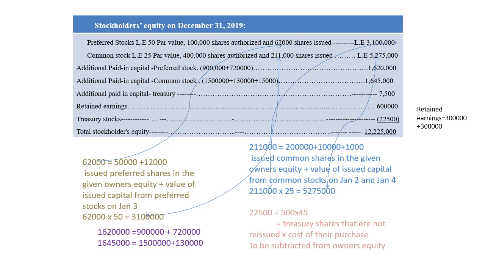In this exercise, it's 500 times 45, we get 22,500. This 22,500 is subtracted from the owner's equity. Then we sum all the items, and we subtract the treasury stocks, then we get the total stockholders' equity.